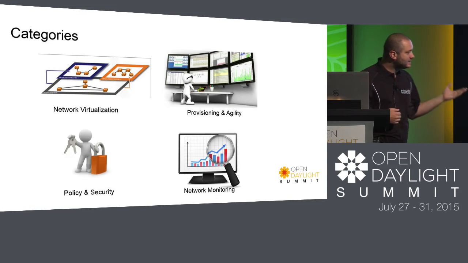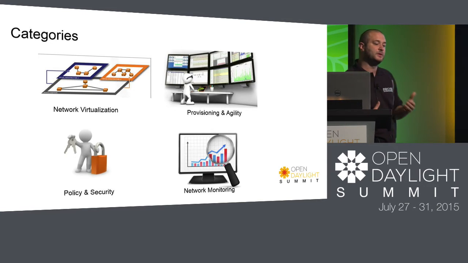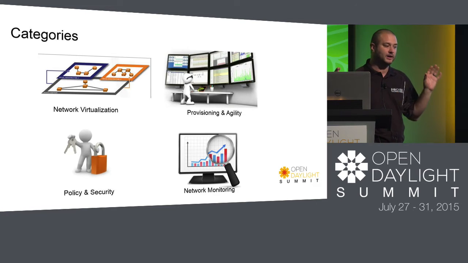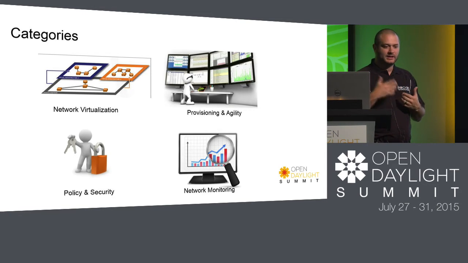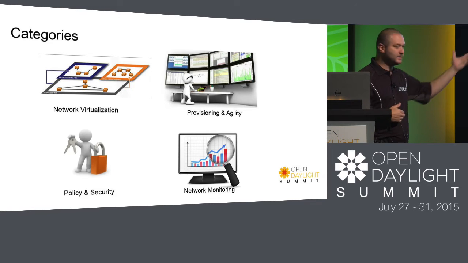Then you have policy and security. That's more like the campus-style scenarios where you want to apply a set of policies to the edges and make sure that this type of traffic is controlled. And finally, network monitoring is another one. Or I would not say network monitoring as much as network insight. So people want to know exactly what is happening from a visibility standpoint, especially with these tools.